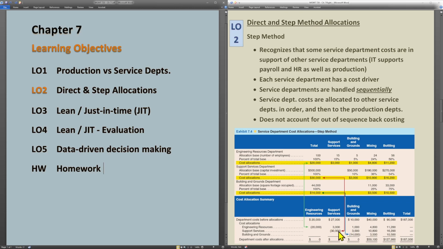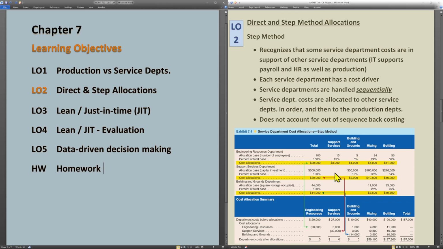So we go in one direction and it's sequential, and usually the problem tells you, or if the problem doesn't tell you, just assume it's according to how they've labeled service department 1, service department 2, service department 3. So here they've listed them in descending order. So engineering supports not only the support services and building and grounds, but also the 2 production departments.